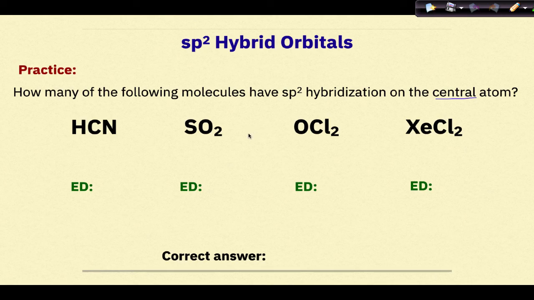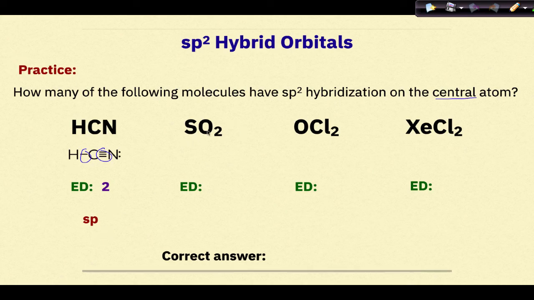But for the sake of time, let's say that HCN looks like this, and then you say to yourself, okay, how many electron domains do I have? Well, that's 1, 2. 2 electron domains, 2 letters. In our next video, we will be talking about this in more detail, but this would be sp hybridized.